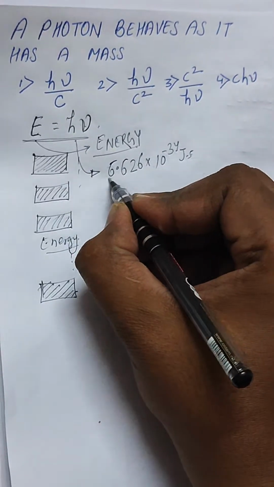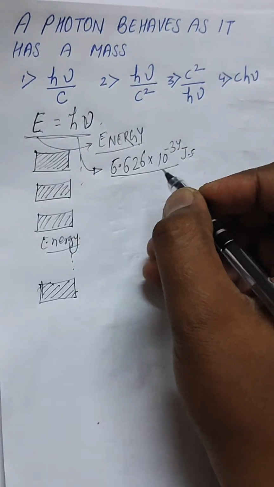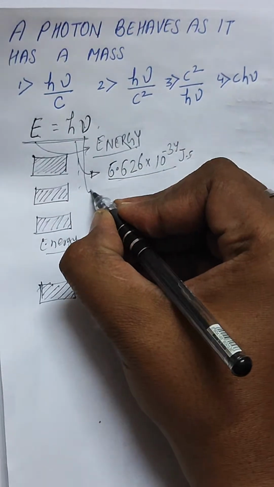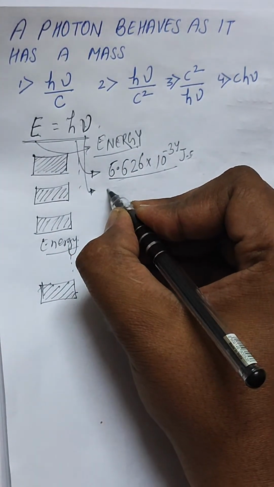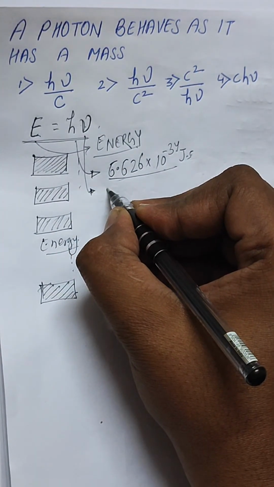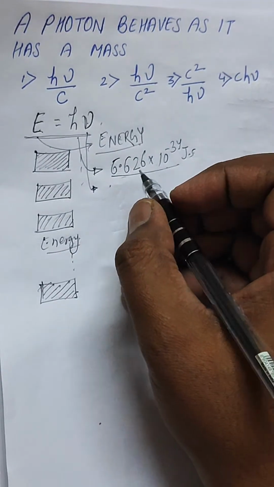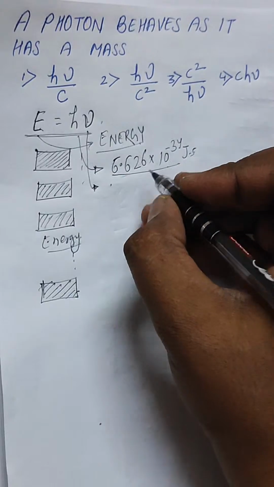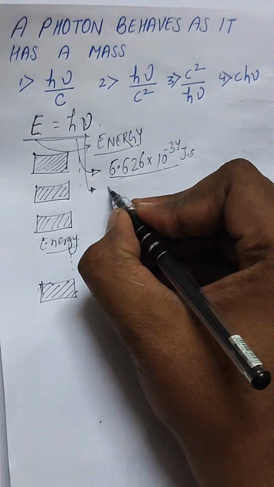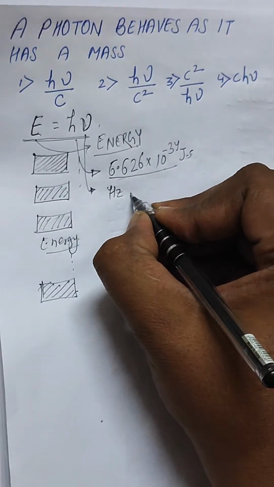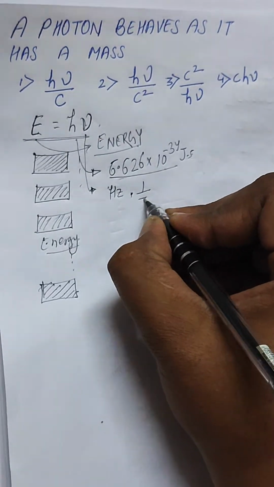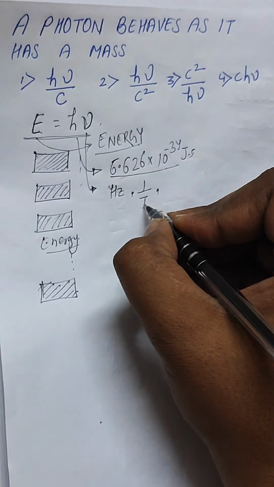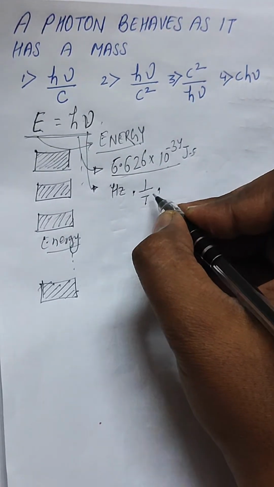Mu is the frequency of the electromagnetic radiation, which is measured in hertz, or 1 by time; the unit of time is second, so 1 by second is hertz. This is the unit of frequency.